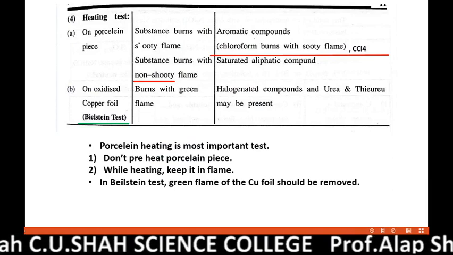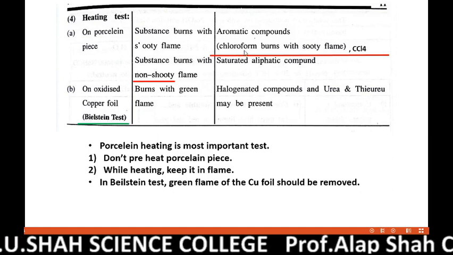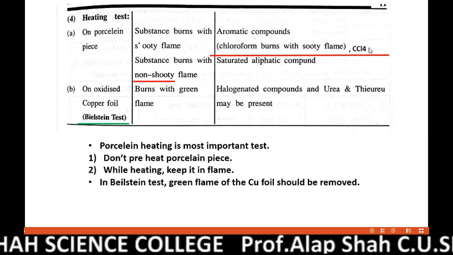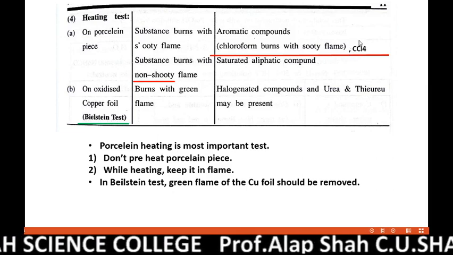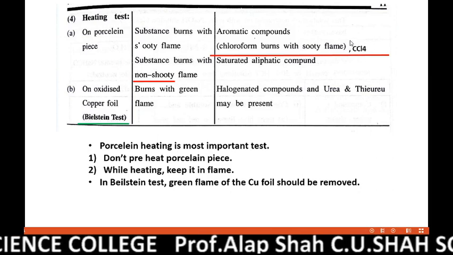Now you should remember two very important substances. Chloroform, whose formula is CHCl3, and another is CCl4, which is not part of the curriculum of semester 1 or semester 2, but in later years you will come across carbon tetrachloride.